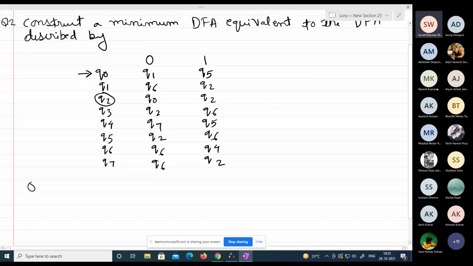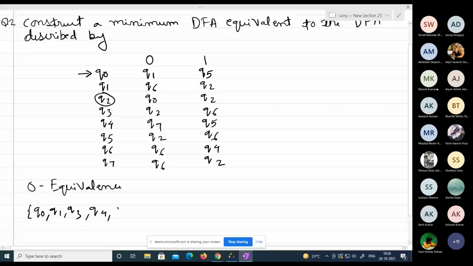You have to calculate the zero equivalence. What are the values over here? Zero equivalence is pretty simple. It means you have to categorize the final states and non-final states. My non-final states are Q0, Q1, Q3, Q4, Q5, Q6, and Q7.